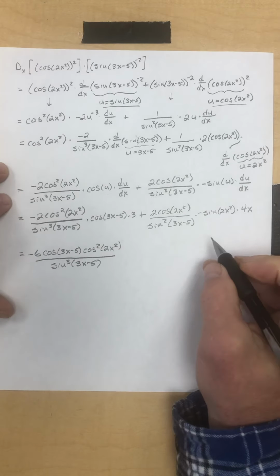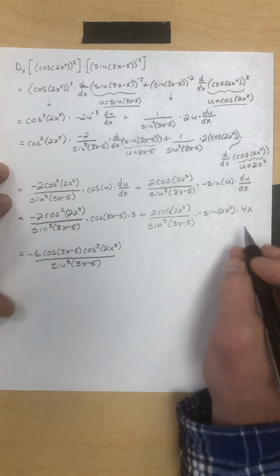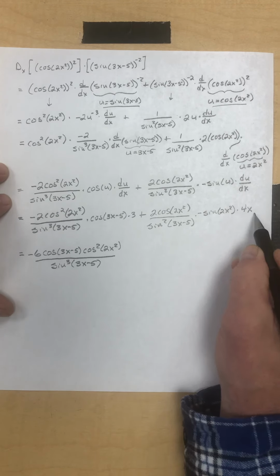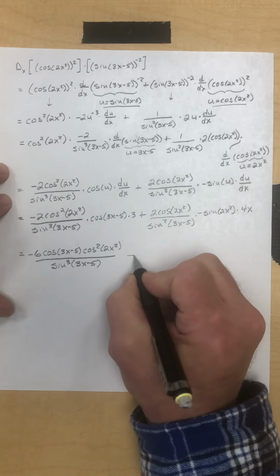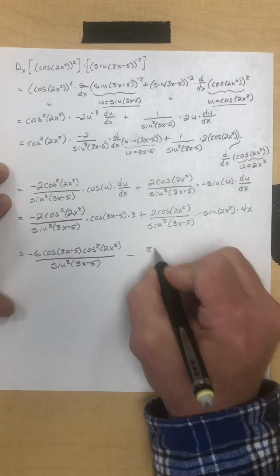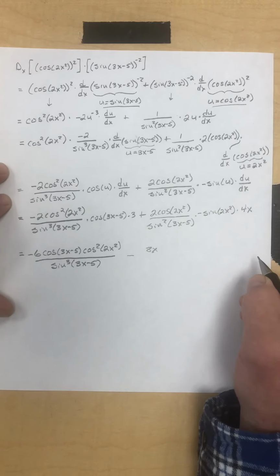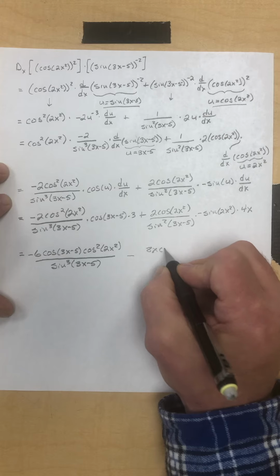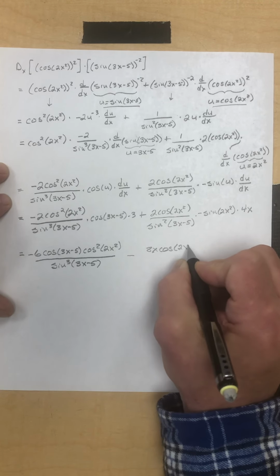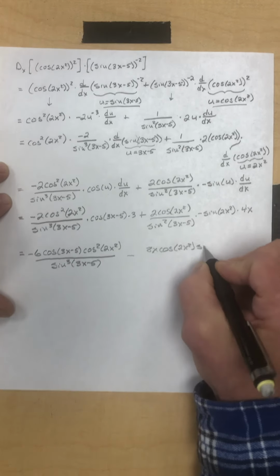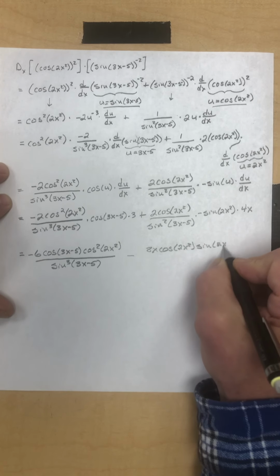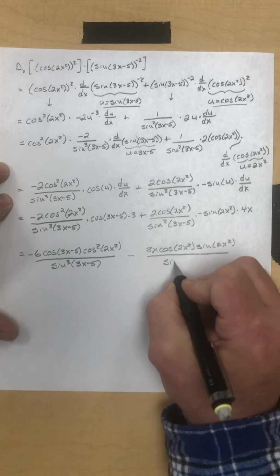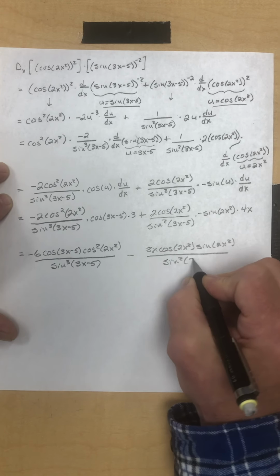And we come over here, and notice I have a negative here, so that's going to be minus, and then I have this 4x times 2, so I get minus 8x up above. Then I'd have a cosine of 2x squared and a sine of 2x squared. Doesn't matter which order you put them in. Cosine of 2x squared, sine of 2x squared, and that's all over sine squared of 3x minus 5.